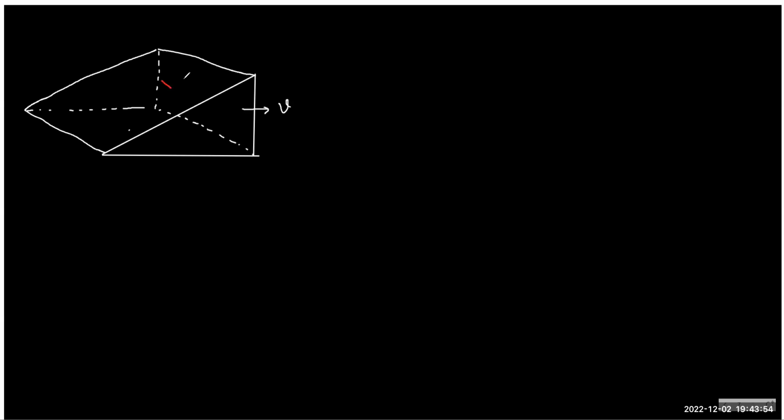And there is a block which is sliding down the wedge, down the plane.